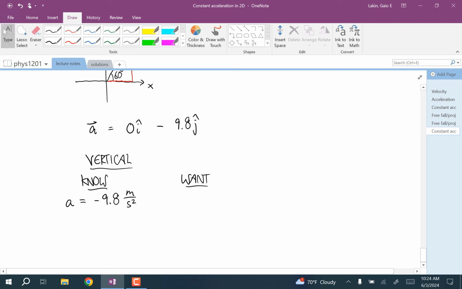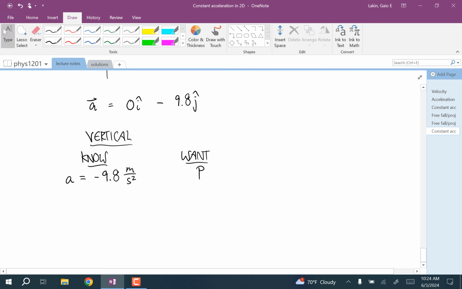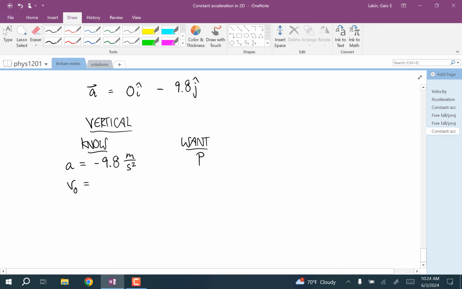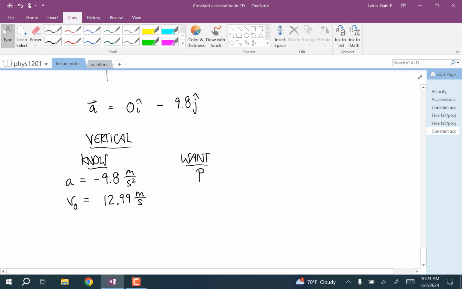The position is what we're trying to find. That's the position when it gets to the highest point. The initial velocity, we're going to use the vertical component, and that is 12.99. And then remember that when something reaches its highest point in projectile motion, the y component of the velocity is 0. So this is 0.